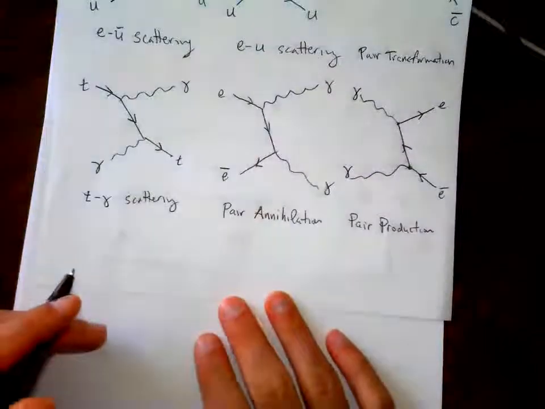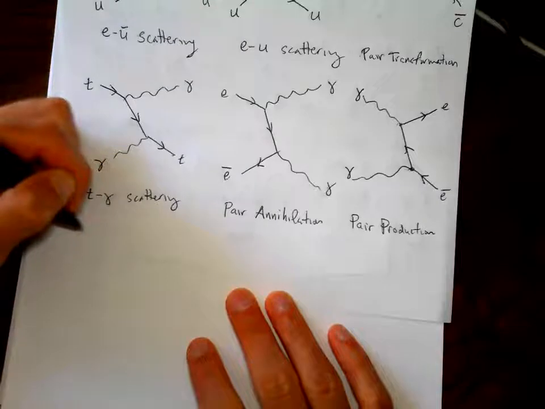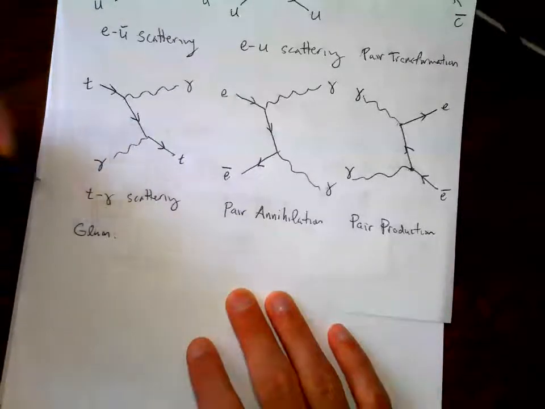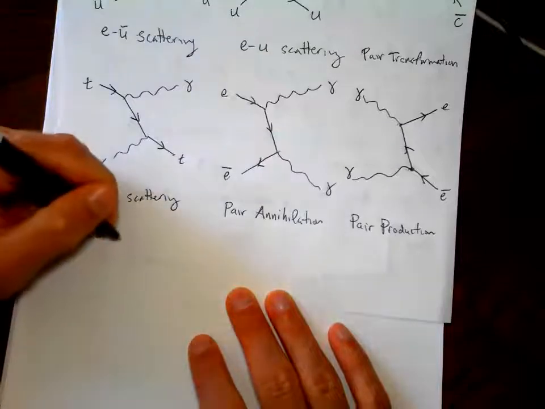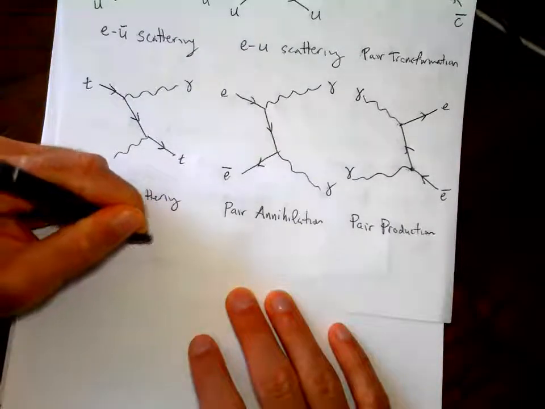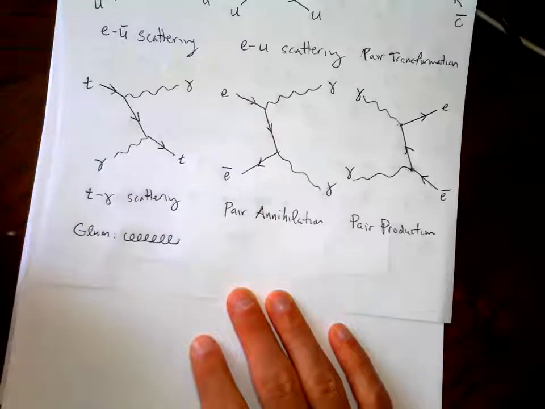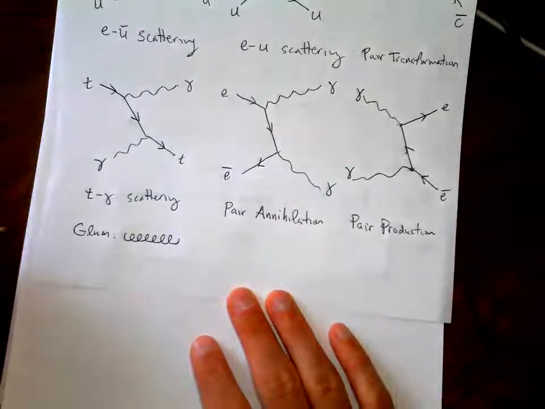There's another force carrier. It is called a gluon, which is for the strong force. And in Feynman diagrams, gluons are drawn as curly lines. Curly Q lines, like a spring.